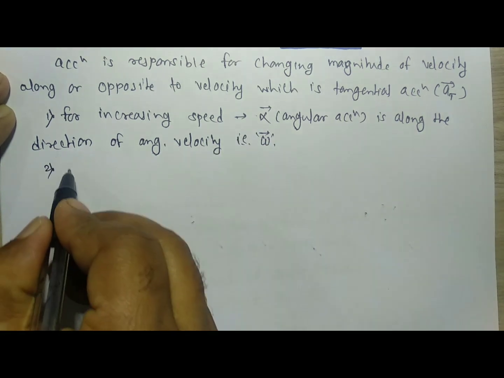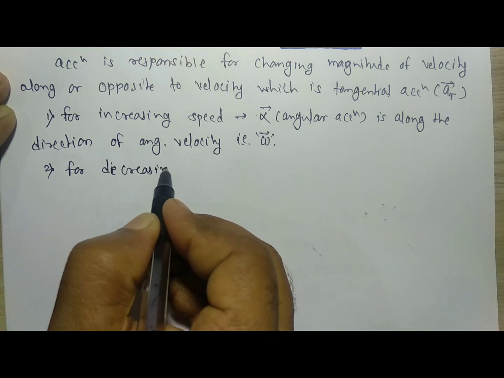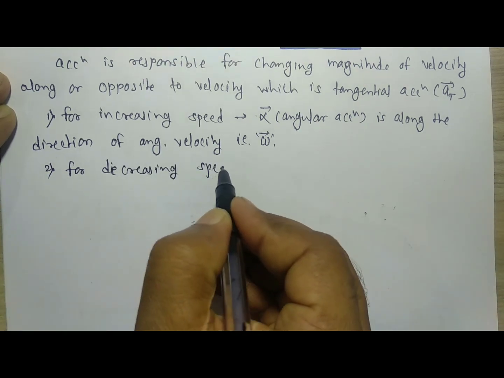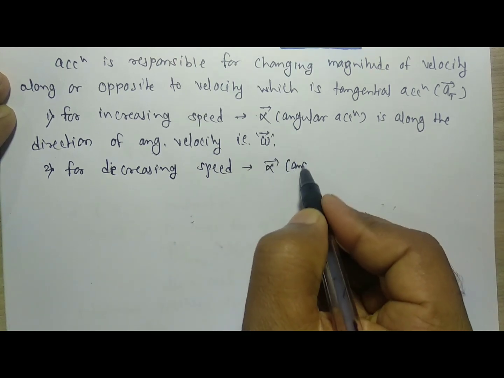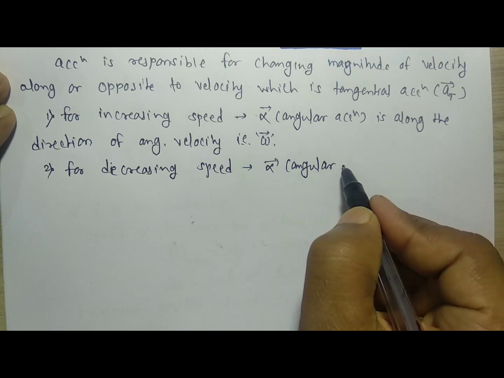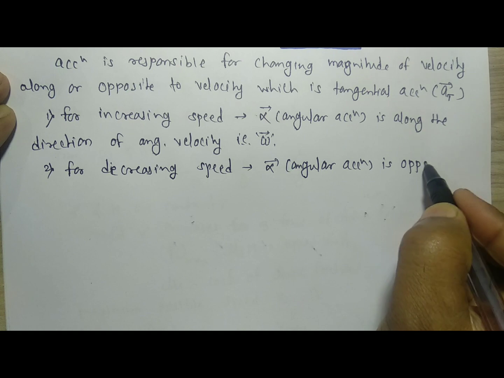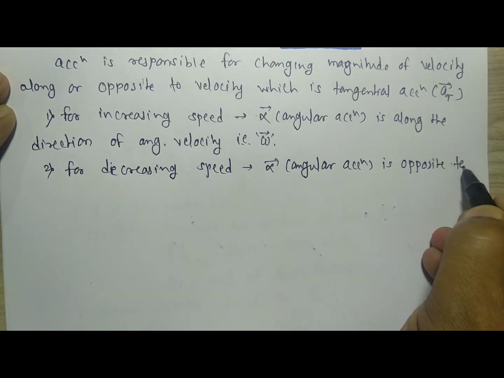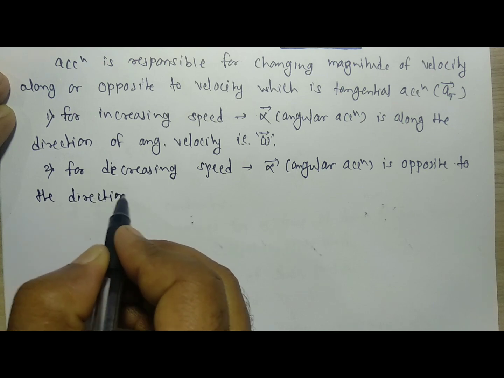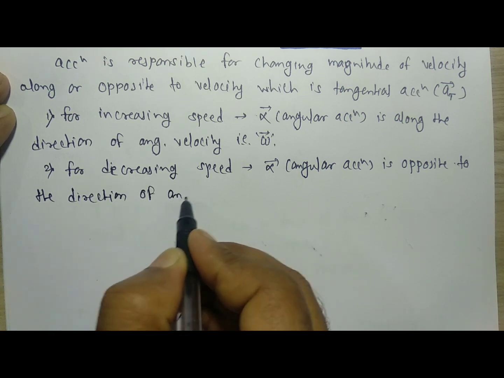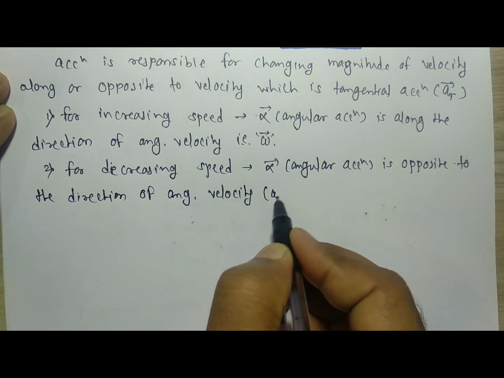And the second one is for decreasing speed: alpha, that is angular acceleration, is opposite to the direction of angular velocity, that is omega bar.